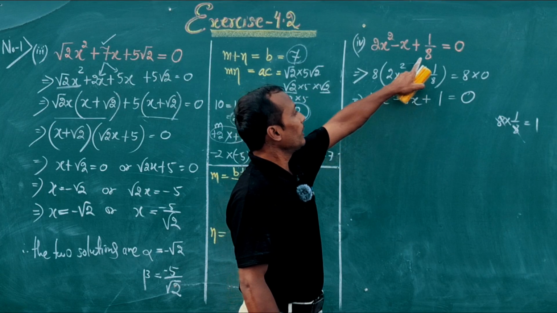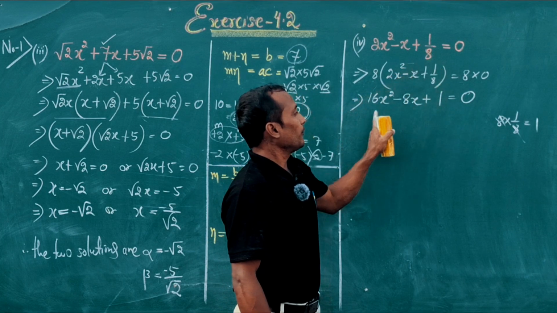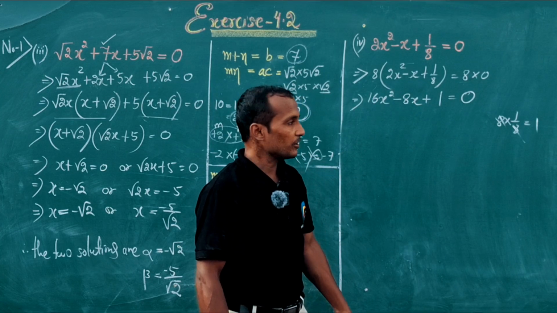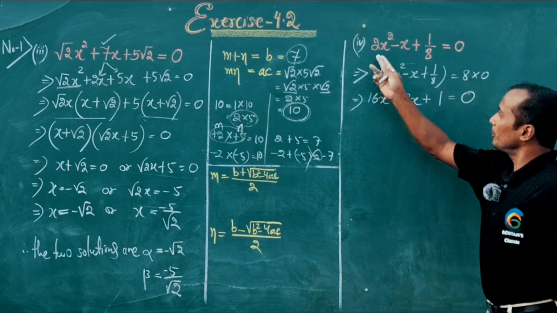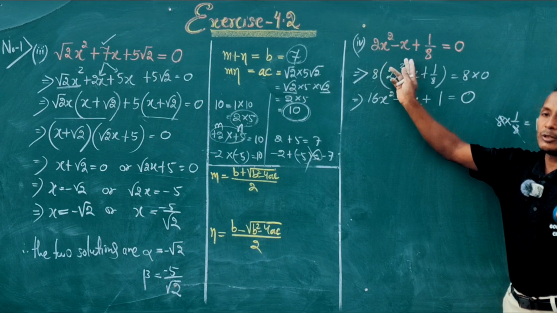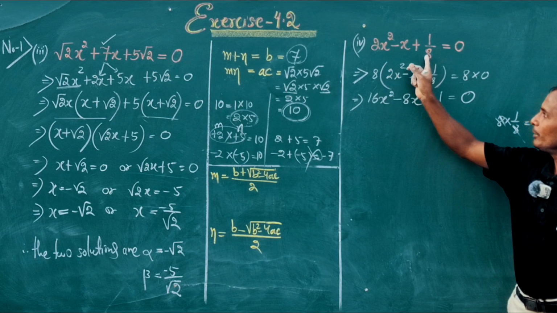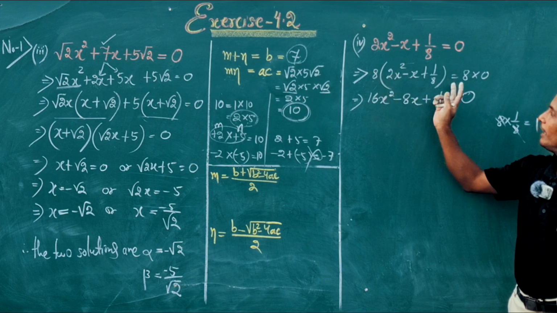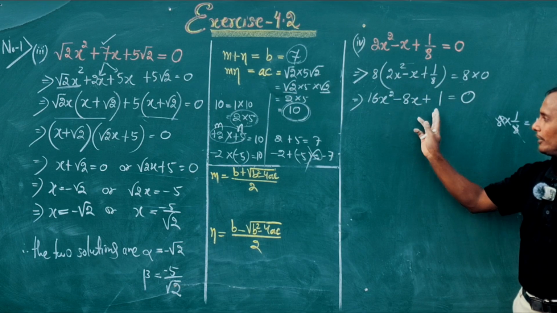You can see here you had a fraction. Now your expression does not have any fraction, not any denominators. So whenever you have denominators in the terms, take the LCM of all the denominators. Here one denominator was there, so I multiplied that same denominator with LHS and RHS and I got this expression.